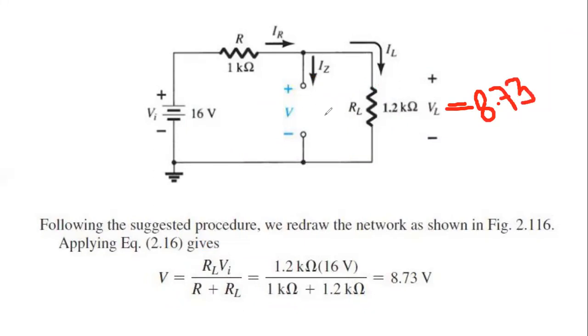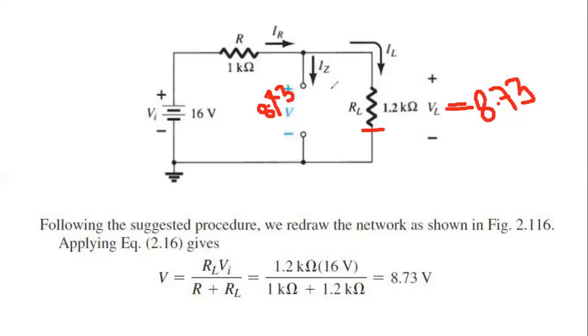As the Zener diode and the resistance are parallel, this 8.73 is also applied across the Zener diode. So now I go to my students and ask them, can anyone tell what is the condition of the Zener diode?